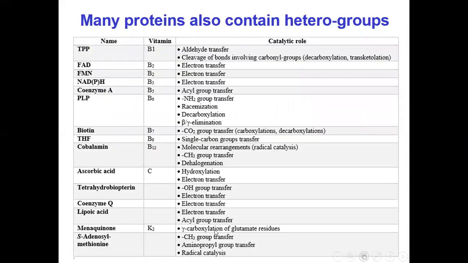And when we look at this table, at these cofactors or coenzymes, we see that many of them, actually most of them, are chemical derivatives of vitamins. This is the list of B vitamins, and here we have vitamin C and vitamin K, all of which are the organic sources of these enzymatic cofactors. And if you're interested in this column, we can see the catalytic functions of each of the cofactors.